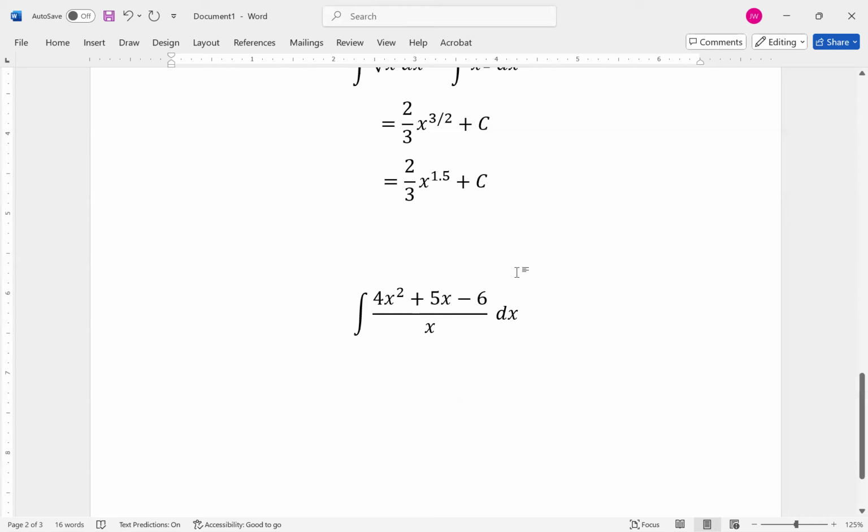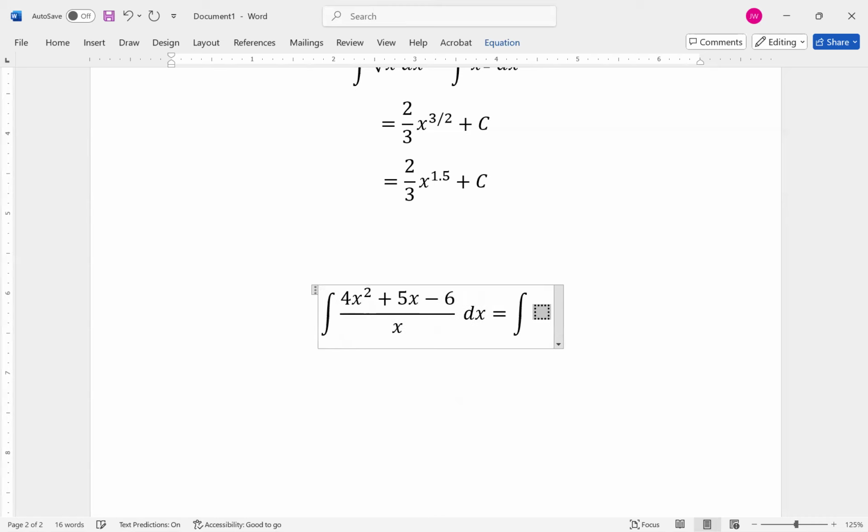Now, the last one on this slide was an integration of a rational function, meaning polynomial divided by polynomial. On this one, what I can do is simply take each term in the numerator and divide it by x.